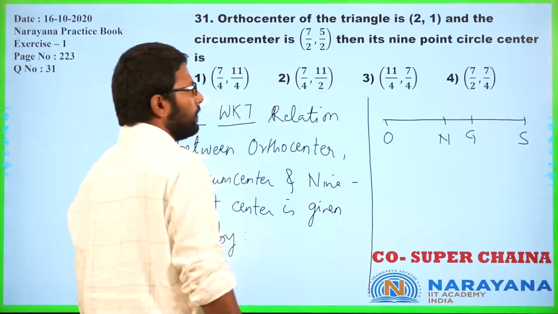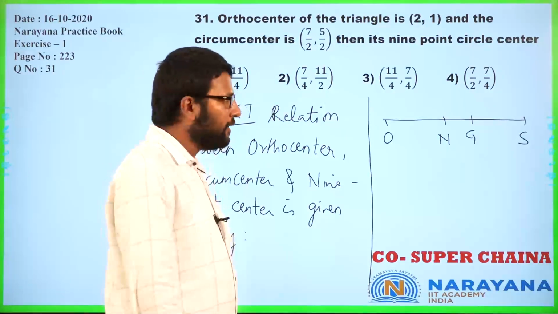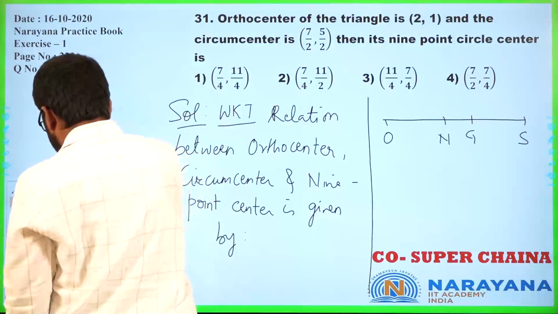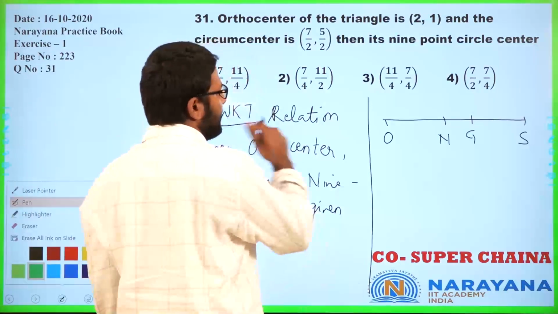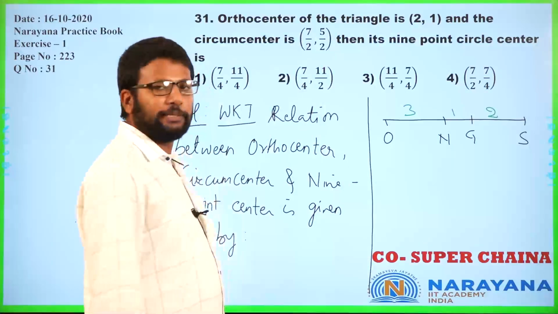ONGS. Okay, ONGS. It sounds like ONGC, the famous oil company. So ONGS. And these ratios are 3:1:2. You will have to remember this.